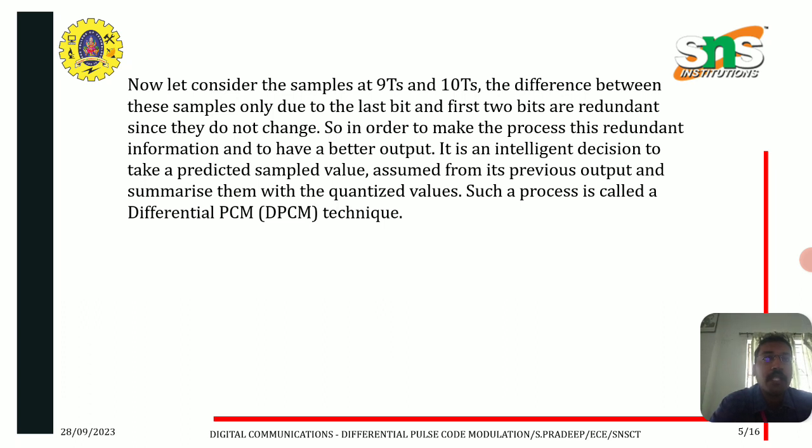The difference between these samples is only in the last bit, and the first 2 bits are redundant since they do not change. So, to handle this redundant information and to have a better output, it is an intelligent decision to take a predicted sample value assumed from its previous output and compare it with the quantized values. Such a process is called the differential pulse code technique.